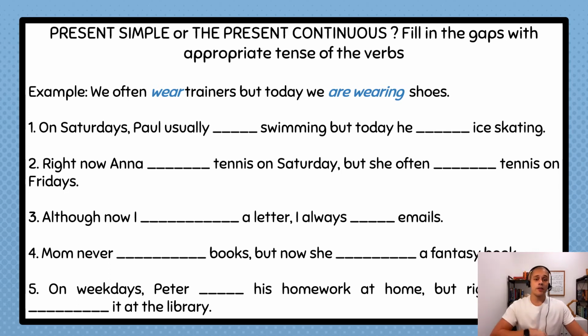Okay, so we often wear trainers, but today is the second word I was talking about. Today, I'm talking about something that is happening today. So it gives you an idea of something that is in progress. All right. So, but today we are wearing shoes.